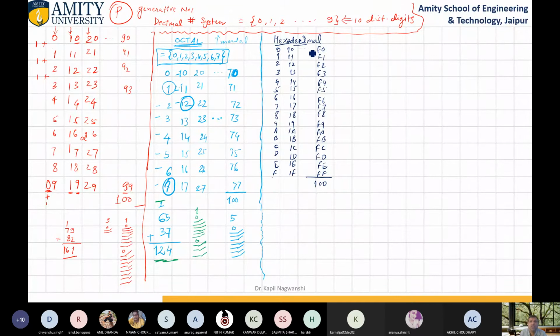In this series, if we go for two-digit numbers, then the last digit is F. Just as 9 is the last digit in decimal, here F will be.